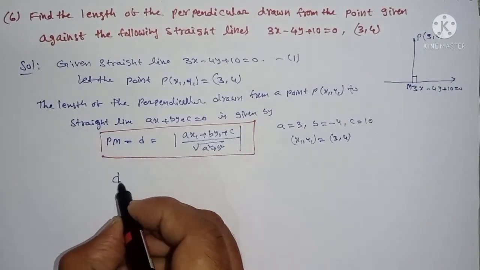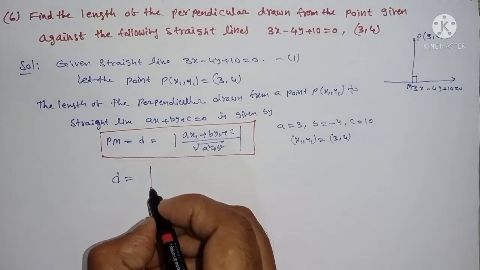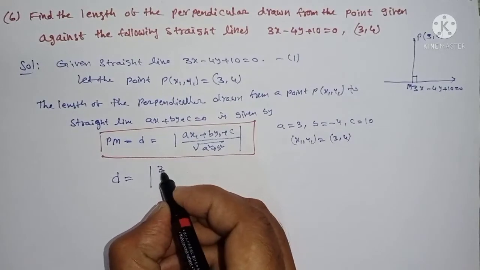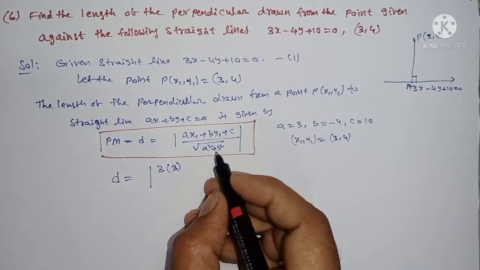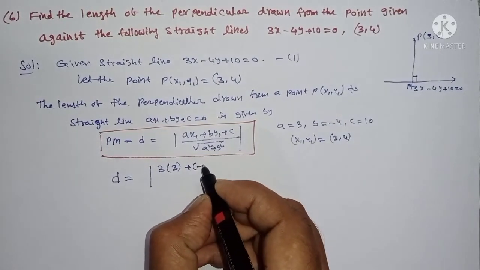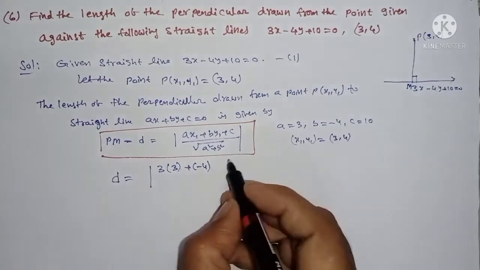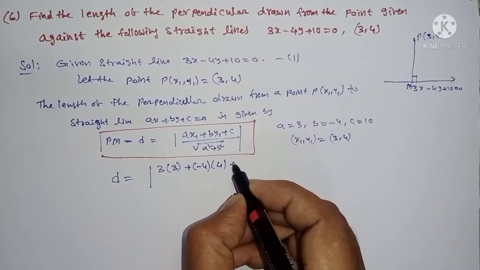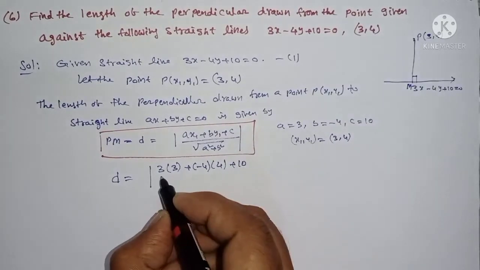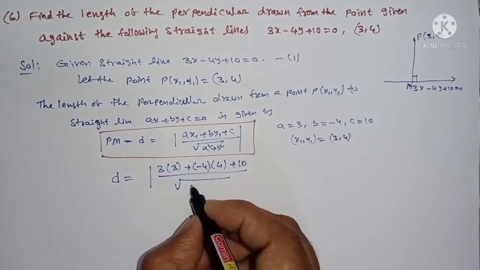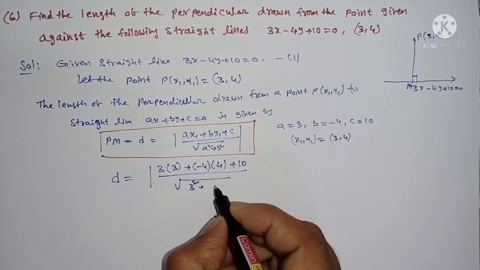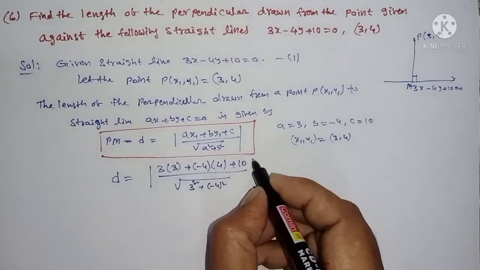Therefore, substituting here, D is equal to mod of a x1 is 3 into 3, and b is minus 4, y1 is 4, plus c is 10, by under root of a square plus b square, 3 square plus minus 4 whole square.